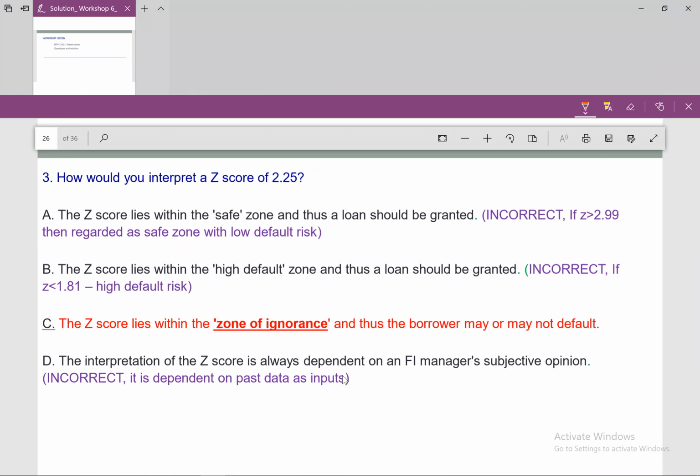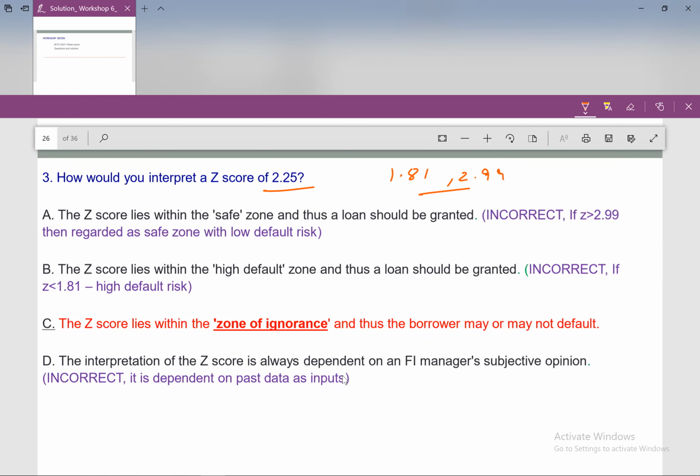So this is just to answer Mavis. Mavis asked me before, is it always between 181 and 299? And I explained, but this question is clearly asking, what is the interpretation of this score of 225?